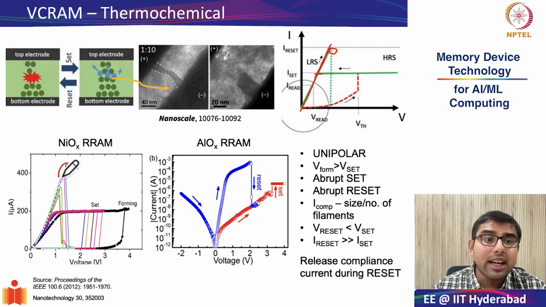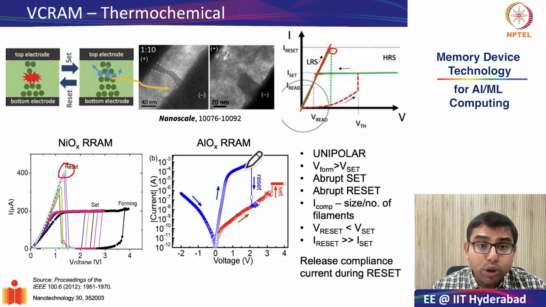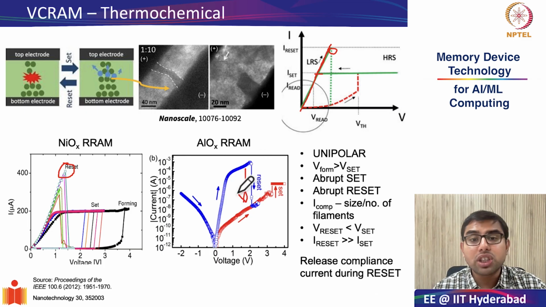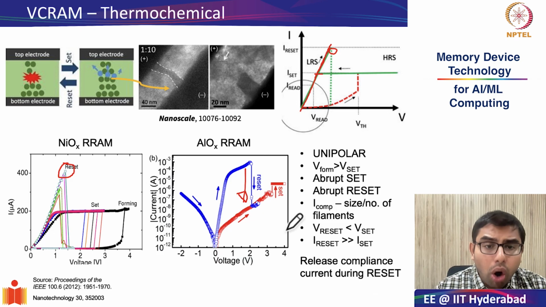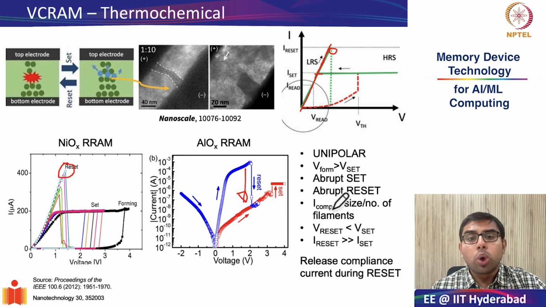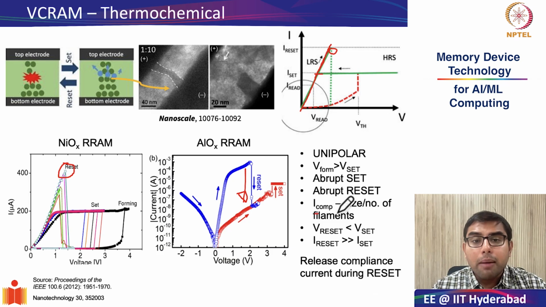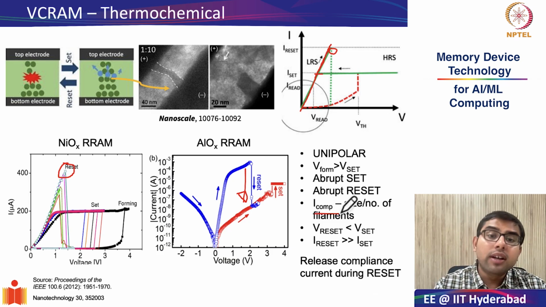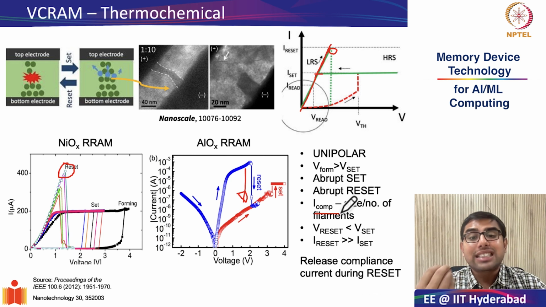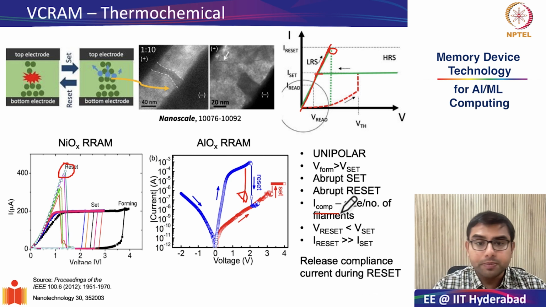Only high reset current suddenly makes this transition, and therefore generally the reset of thermochemical VCRAMs is also very abrupt. Also similar to what we saw in the electrochemical cell, the compliance current can influence the size and number of filaments, therefore deciding the resistance in the LRS state.